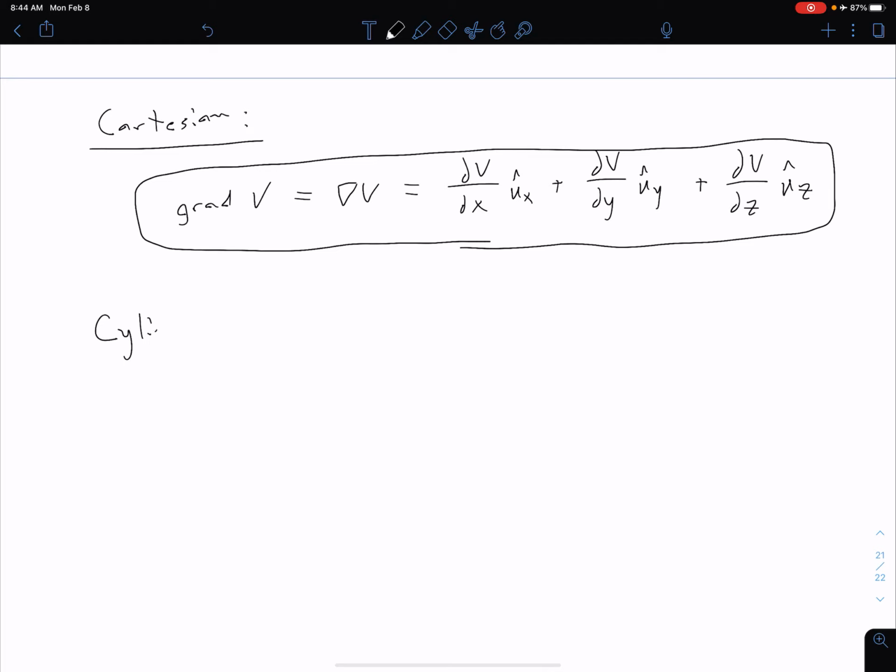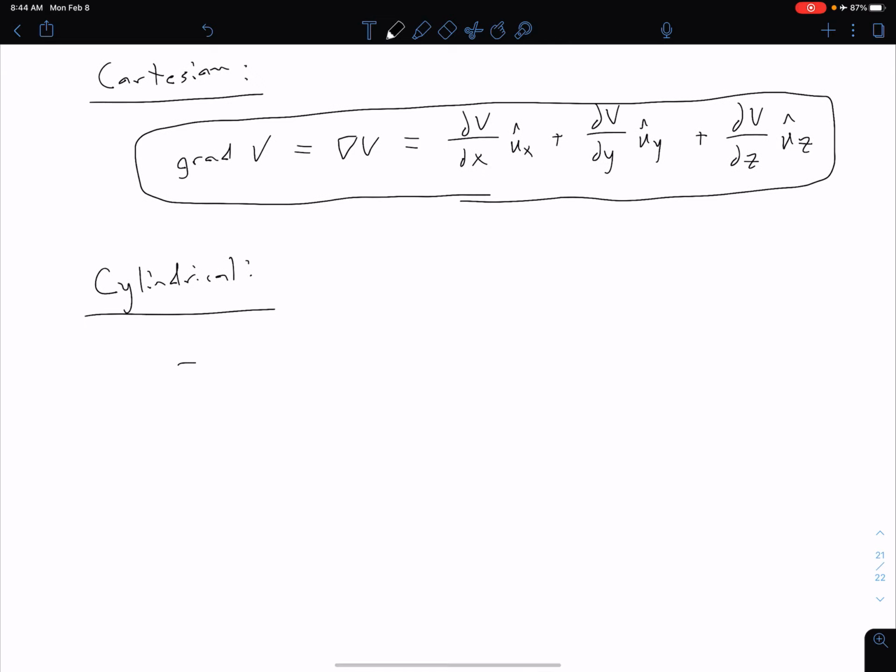Let's now look at our cylindrical and spherical. Same basic idea, we're just using the del equation from our previous video. Our del V, or gradient of V, in cylindrical is the partial of V with respect to rho in our rho direction, plus 1 over rho times the partial of V with respect to phi in our phi direction, plus the partial of V with respect to z in our z direction.